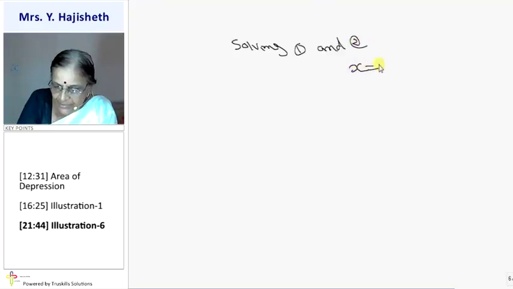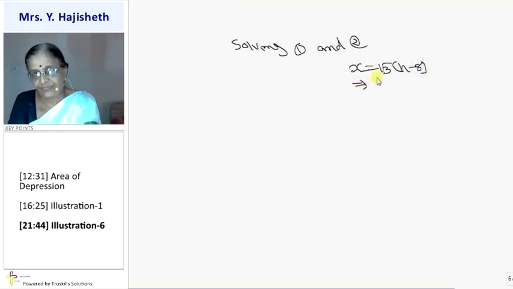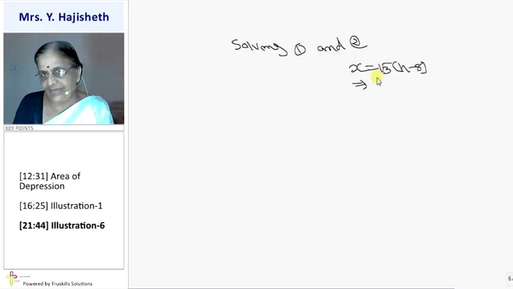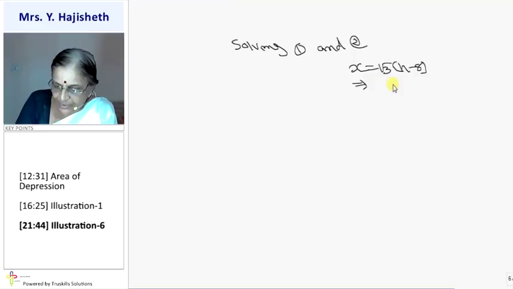x is given as √3 into h minus 8. But x is nothing but h. So या तो h की जगह x लिख दो या तो x की जगह h लिख दो. It is one and the same. So I will write x is equal to √3 times x minus 8.